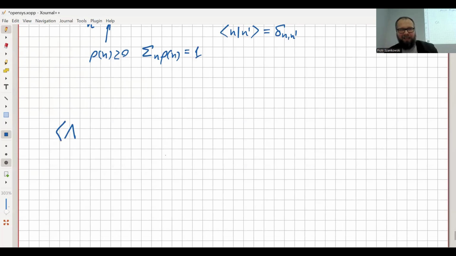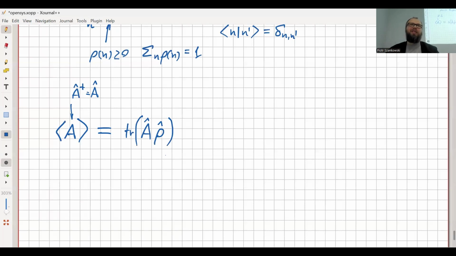let's write it like that. So this would be observable A represented by some Hermitian operator A. And the rule for how to extract this testable prediction is you take your rho, you take the operator representing the observable, you multiply them together and take the trace. So this is the rule for calculating expectation values.